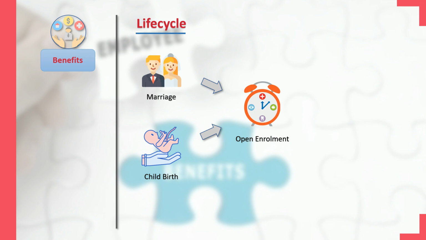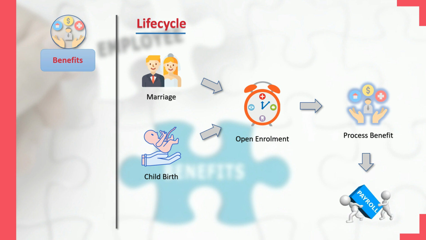Okay. So once the employees have elected their benefit plans, then comes the benefit processing. So it is basically the calculation of premiums that the employees and employer have to pay towards each and every benefit plan, the calculation of coverage that the employees will get on particular plans, and once the benefit has been calculated, it is then sent to the payroll so that the deductions for each benefit plan can be added to employees' paychecks.